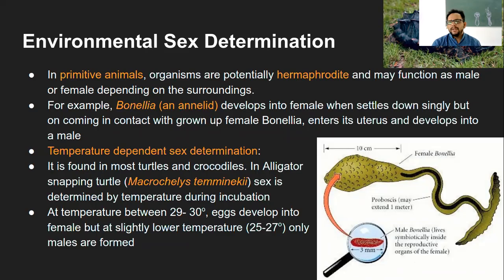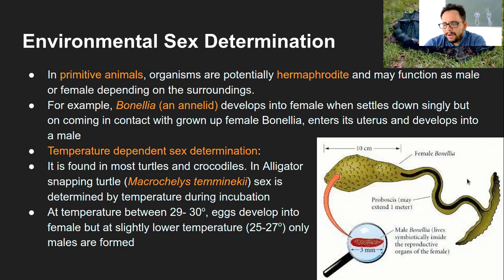It develops into a female when it settles down singly, but on coming in contact with a grown-up female, it turns into a male. It enters the uterus and develops into a male. That entering into the uterus causes it to change into a male, and then fertilization happens, and so on. That is how it functions.